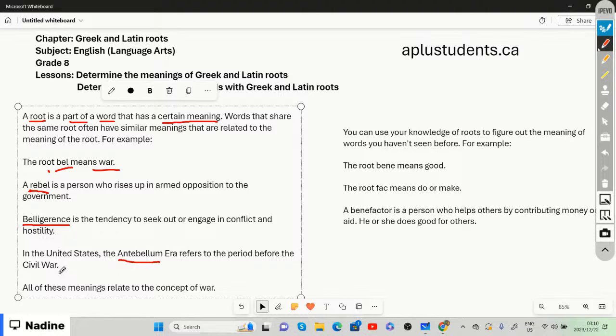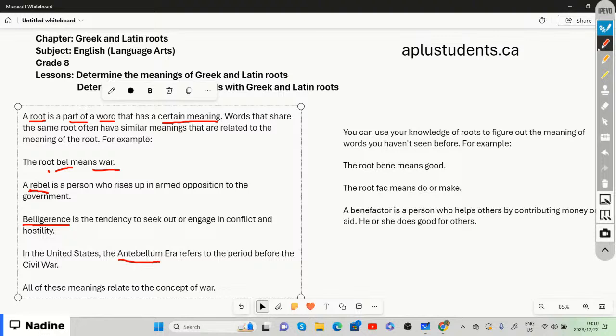Basically, a root word or root is a part of the word that has a certain meaning, right? And in this case, we made an example of the root word bell, and bell meaning war.